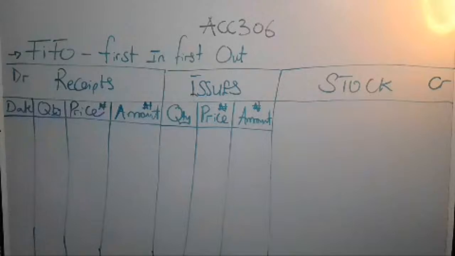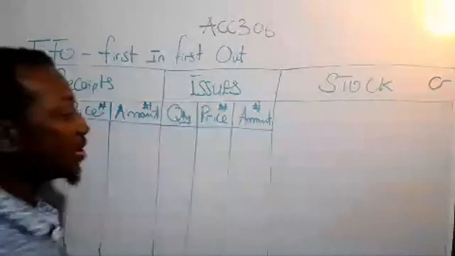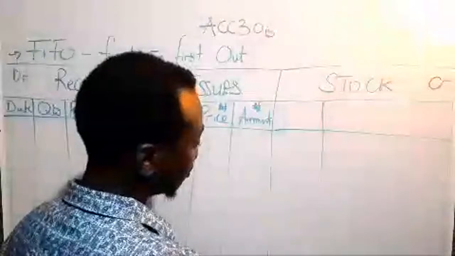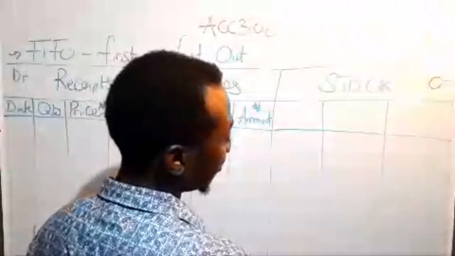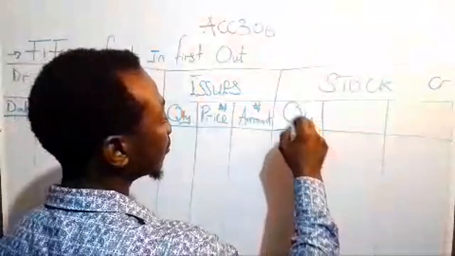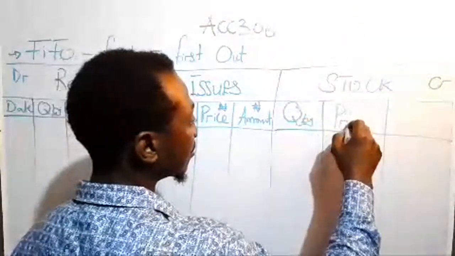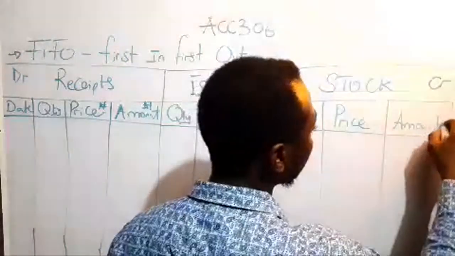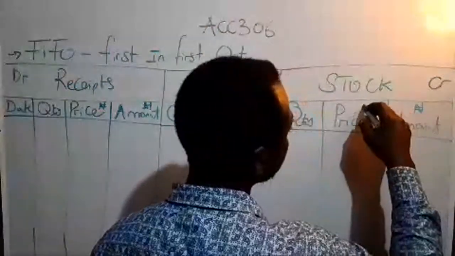Under the stock, we have the same thing: quantity, price, and amount. Don't forget the naira sign.